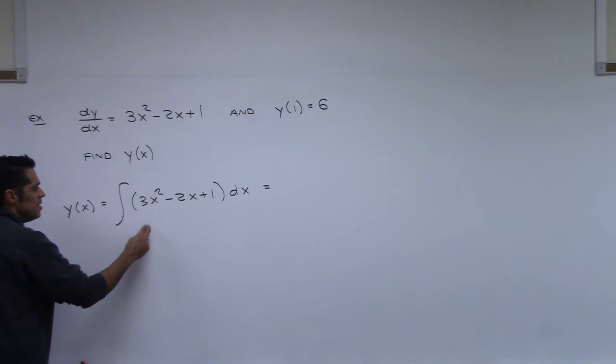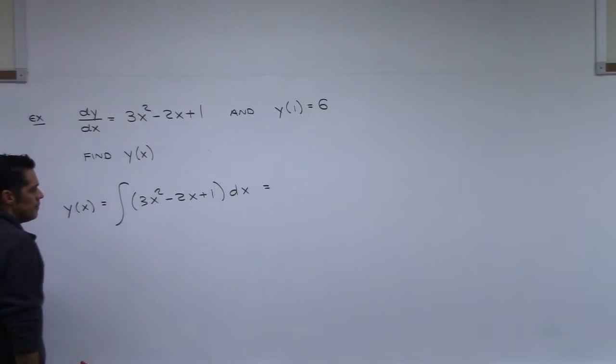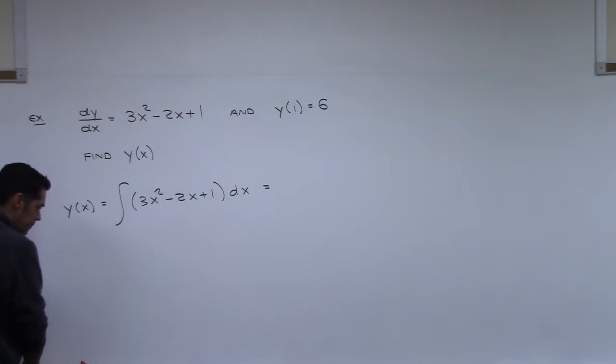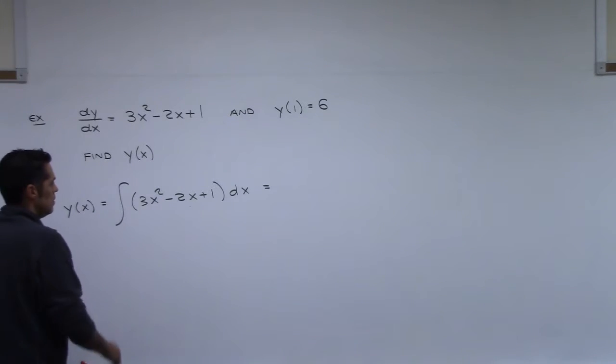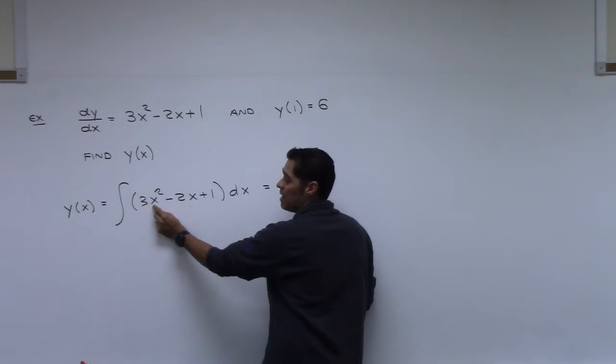Okay, so what is the antiderivative of that right there? Because we're going to do these separately, right? So that one? X cubed minus x squared. Okay, so you're saying the antiderivative of that's x cubed?